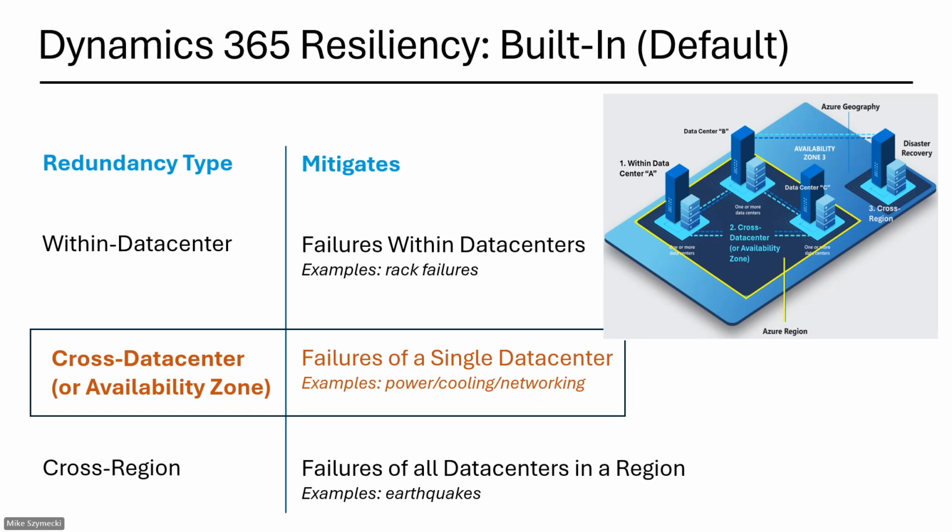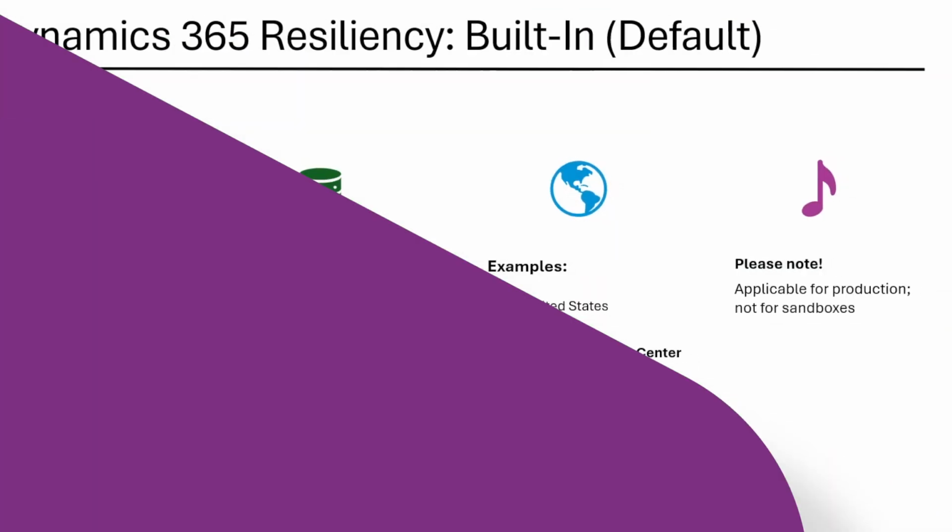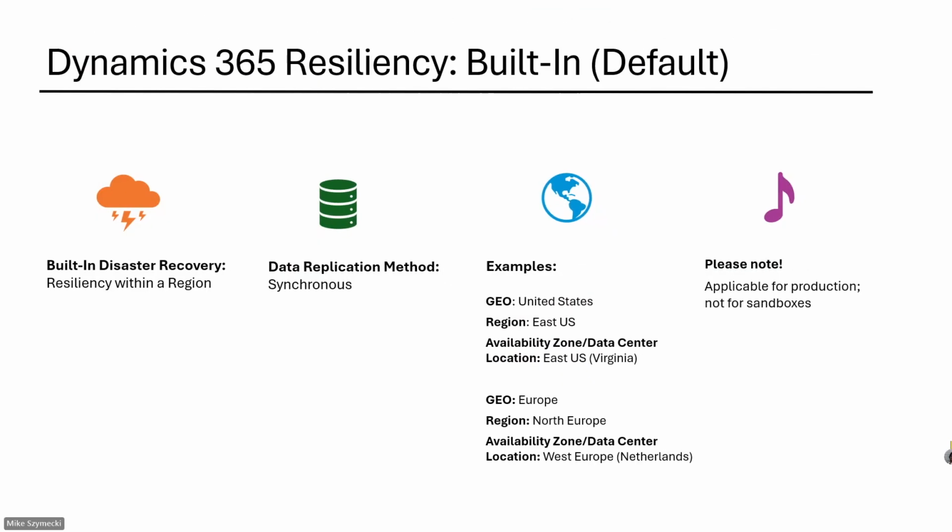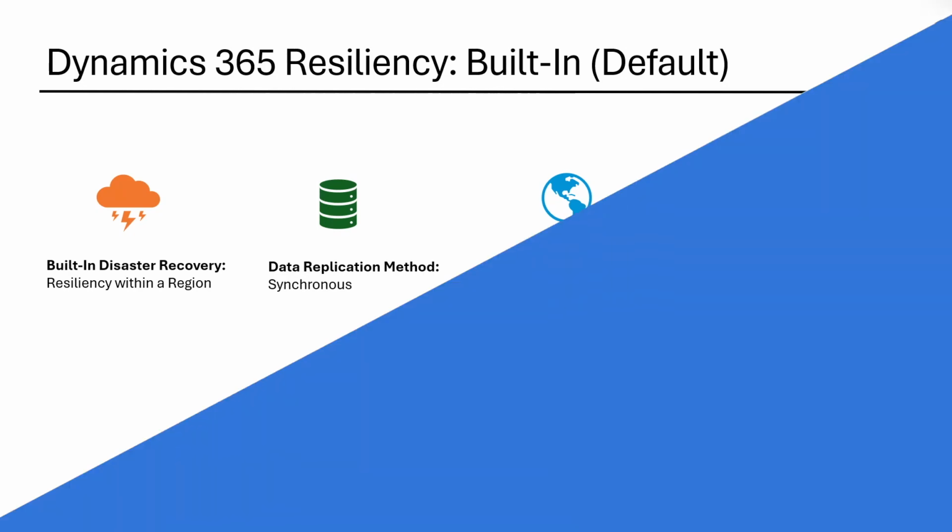And this is where availability zones come to the rescue. Built-in DR is based on synchronous replication. Microsoft Power Platform and Dynamics 365 leverage Azure's availability zones for critical resources to provide business continuity and disaster recovery for production-type environments. Please note that this is not applicable for sandbox environments.